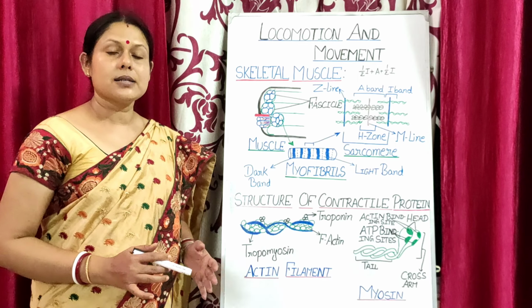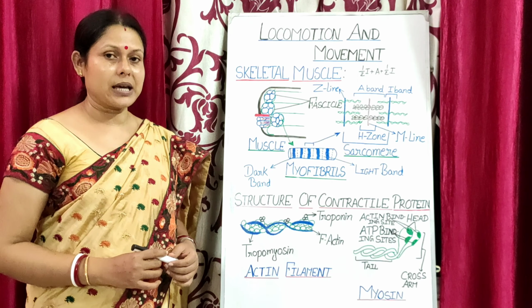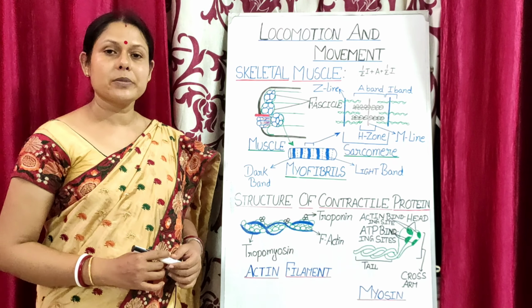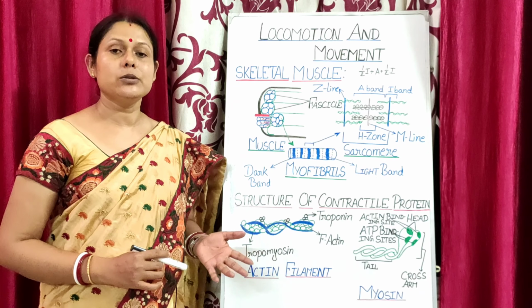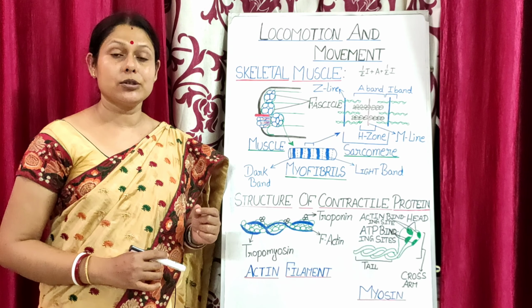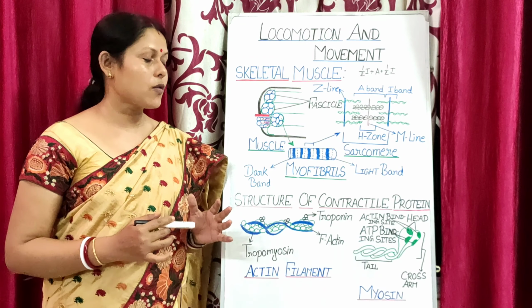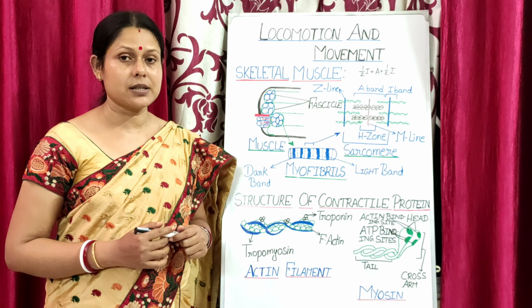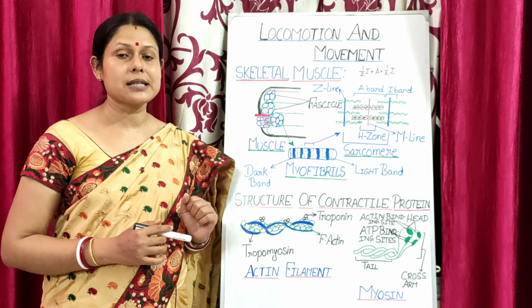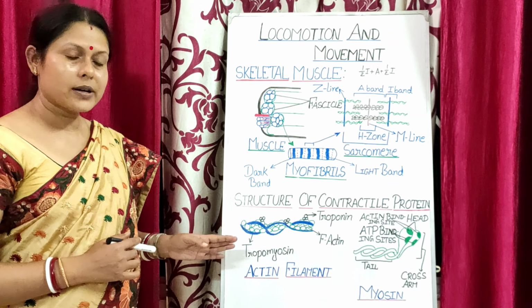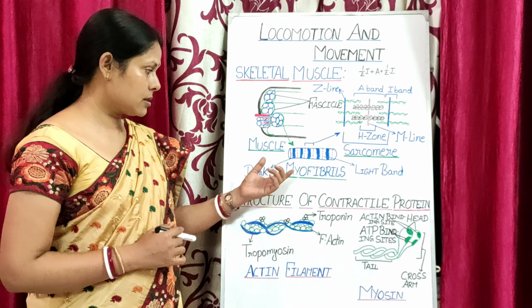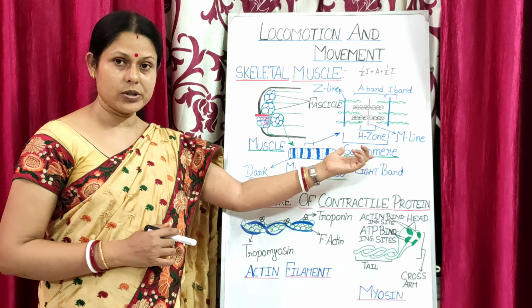Now let us discuss the muscle contraction mechanism. The muscle contraction mechanism is commonly known as the sliding filament theory, upon which muscular contraction takes place in our body. I am talking about the skeletal muscle. So we have so far come to know that the myofibrils inside the sarcomeres are there.